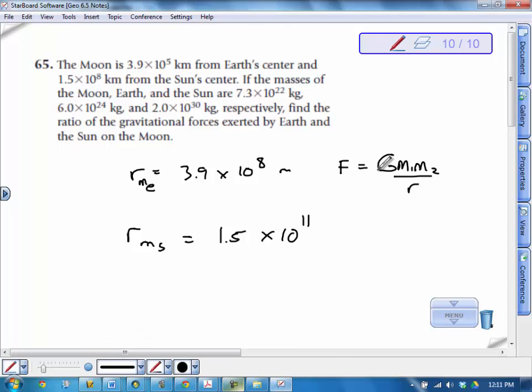Okay, so this is just a lot of plugging into this formula. The formula is universal gravity. So for the first one, we'll do the Earth and Moon, which we need to use the distance between them as well.